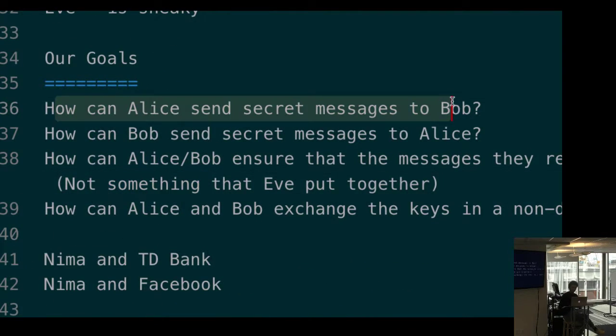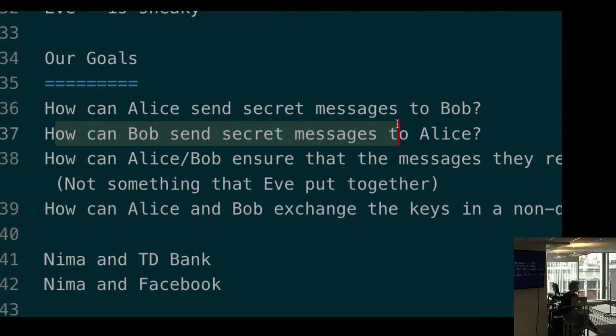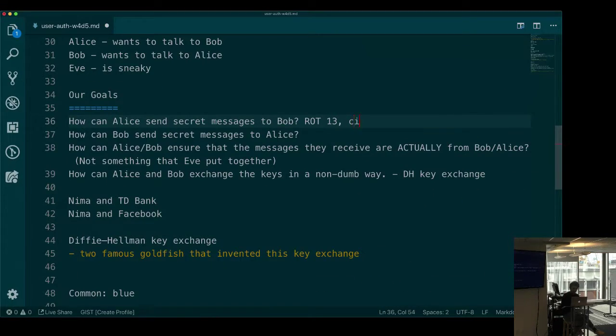Technically, how can Alice send secret messages or how can Bob send secret messages? Technically, we've already done that now, right? With the ROT13 or whatever cipher that we want. So instead of ROT13, it would be like ROT-X. Whatever cipher we want, we've technically figured that out.